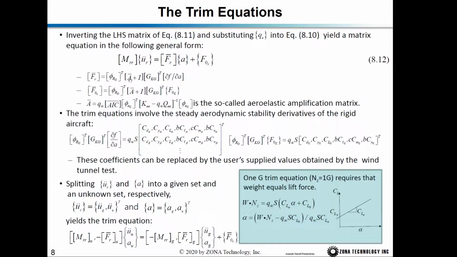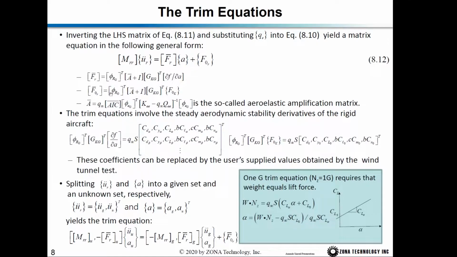Now let's look at what this matrix means. If we don't have A bar, all the coefficients in this matrix are the aerodynamic stability derivatives of each trim variable. For example, this is CD naught, CD alpha, CY alpha, CL alpha, and so on. If the second trim variable is beta, this is CD beta, CY beta, CL beta, and so on.